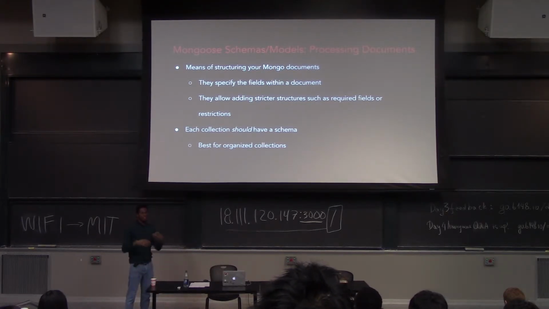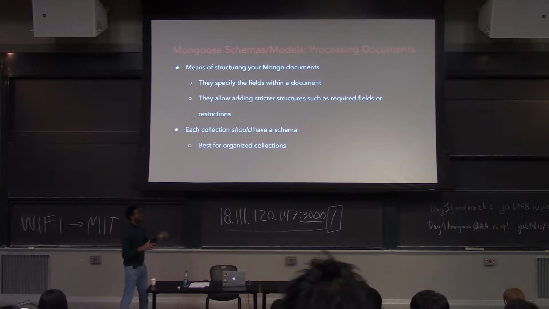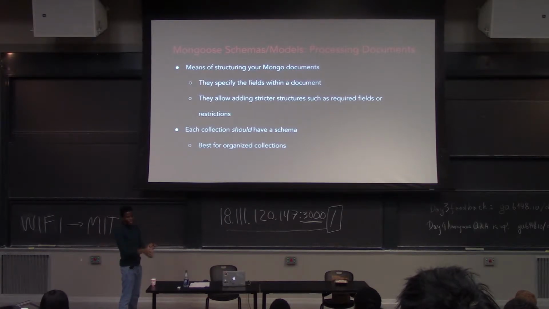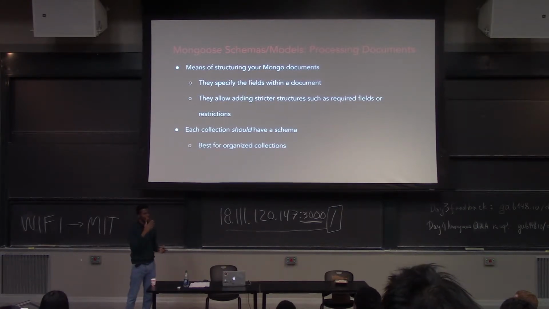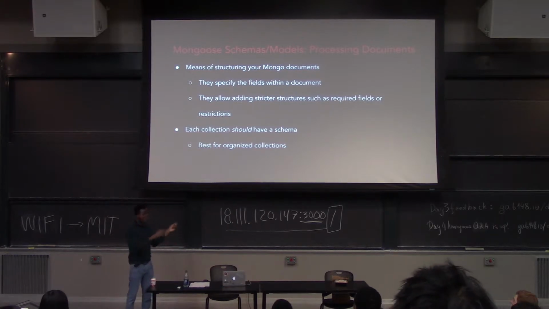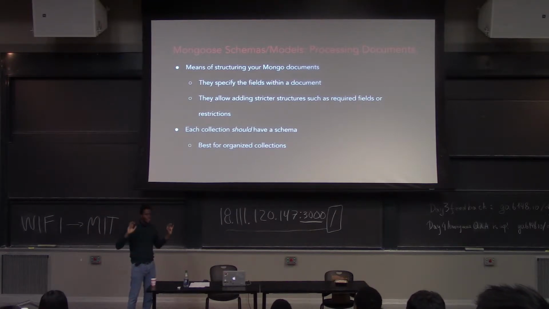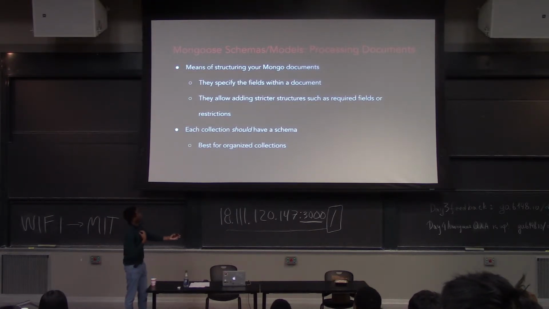So before we get into more stuff, we have to explain what a schema is. Remember I talked about schema earlier? I have to explain what a schema is and what a Mongoose model is. So a Mongoose schema is a way of structuring your data. I'll show an example after this, but the higher level picture is: I want my data to look like this, okay?